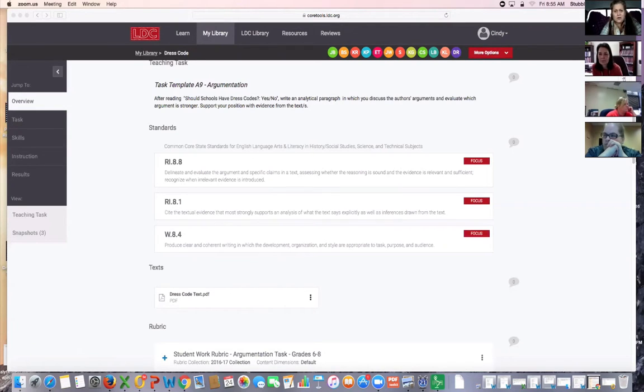And when you're looking at your handout. And so I just wonder if it would be beneficial to maybe use some of the criteria of what makes a strong argument from RI 8 within the task itself, as far as the reasoning being sound or evidence is relevant and sufficient, right?